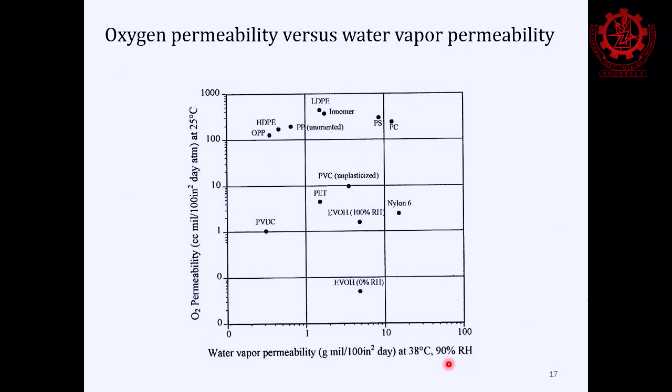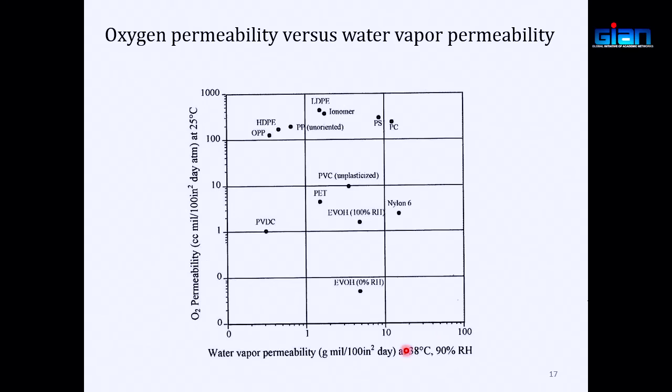Inside your package, maybe you have very low relative humidity, because if the water activity of a product is very low, the partial pressure of vapor in that head space would also be very low. But the outside atmosphere, sometimes there is a possibility that it's a highly humid environment.